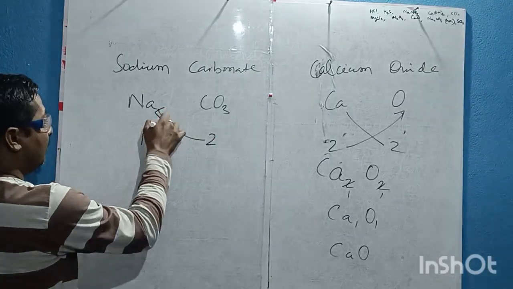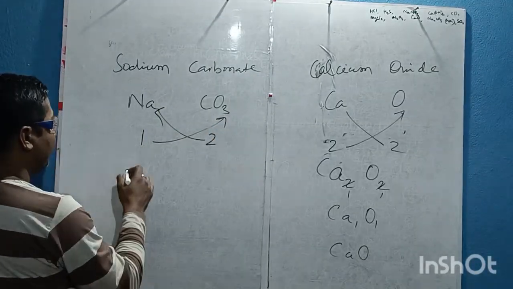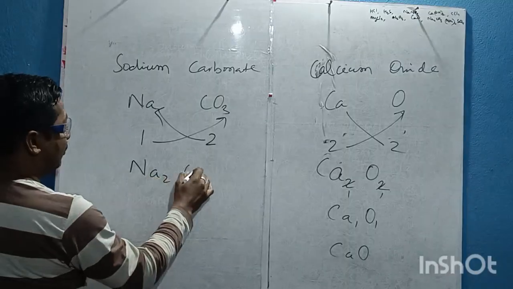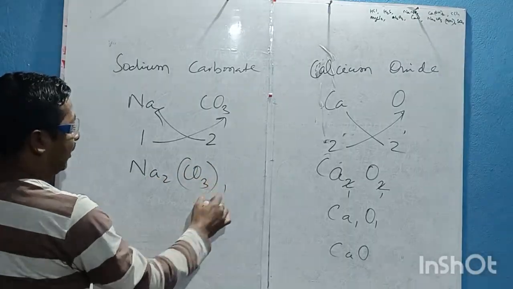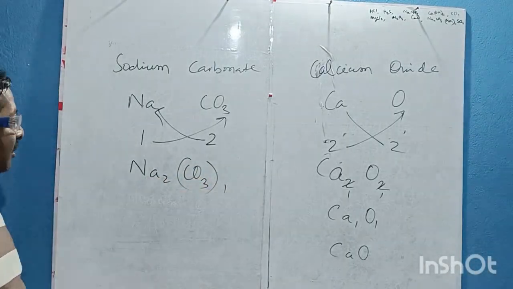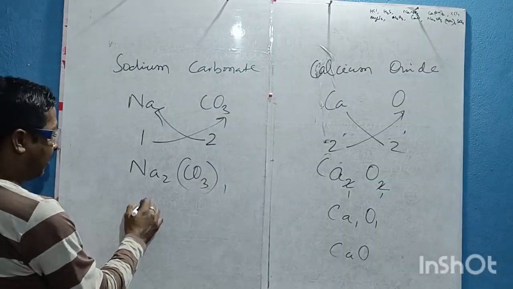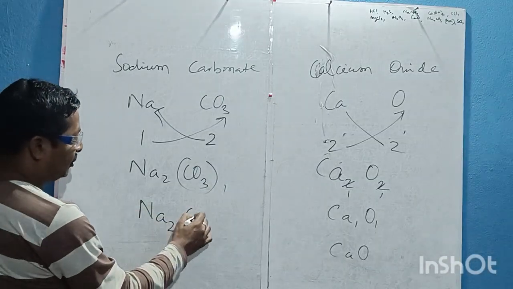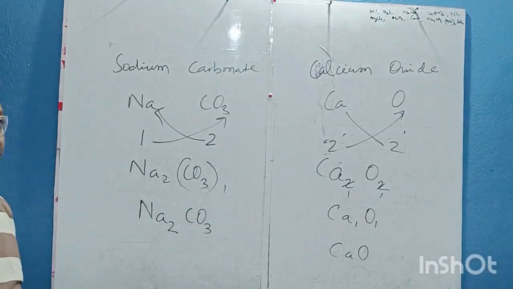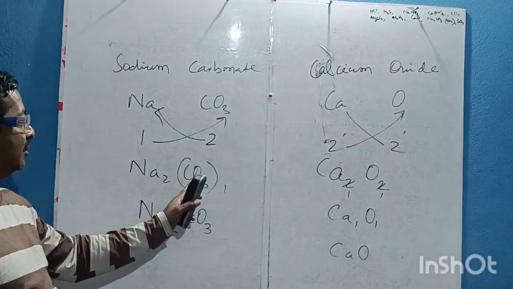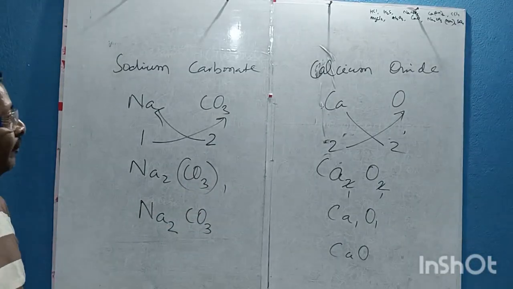So 2 can be written here and 1 here. Na2 (CO3) whole 1. 1 can be omitted, so the bracket can also be omitted. Na2CO3. There is no need of writing 1 here because 1 CO3 is there.